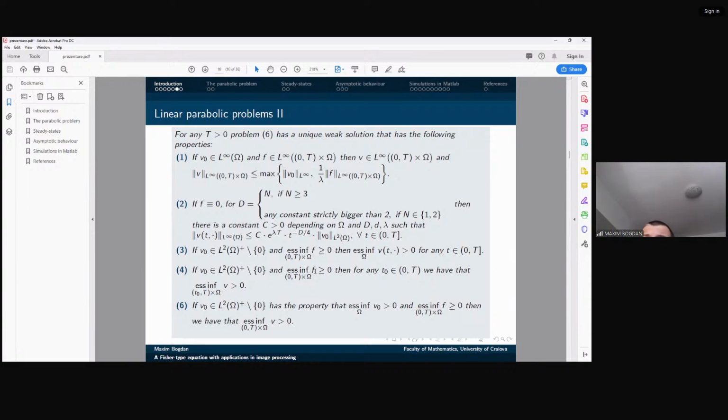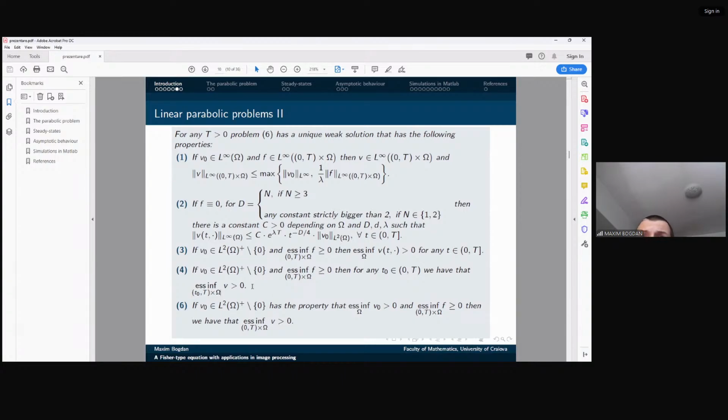And the source term f is positive, then the essential infimum of the solution is greater than 0. So our solution is above 0 at any point in omega, all the time, starting from any time close to 0, because initially it can be unbounded, but after a very little time, the solution becomes strictly positive everywhere.